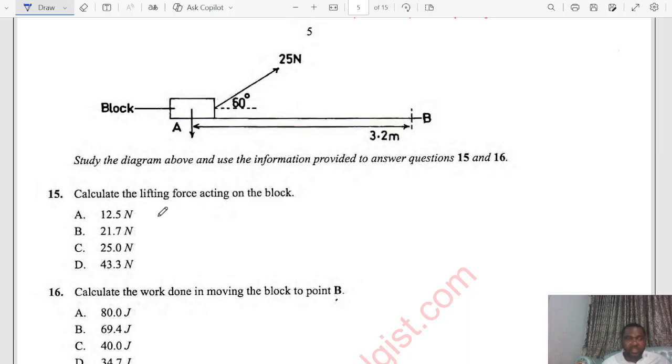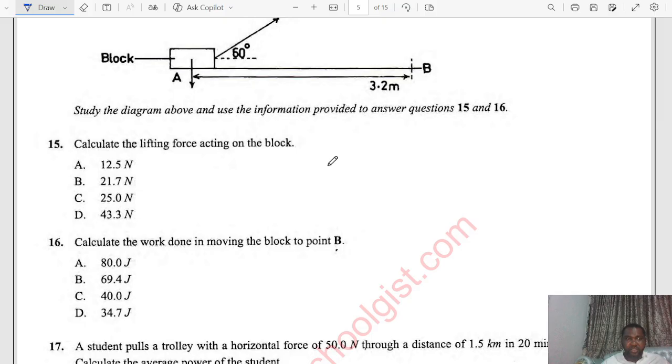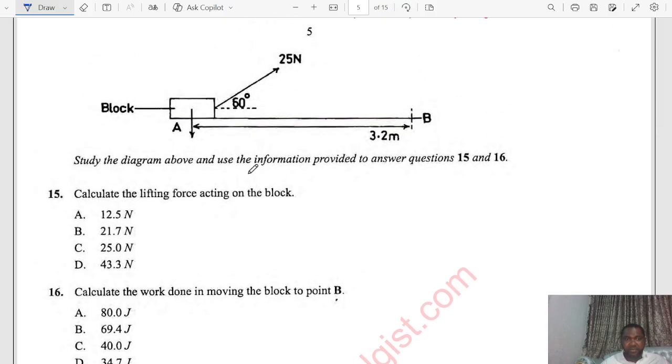Now look at this one here. It says calculate the lifting force acting on the block. The lifting force is the force that lifts this up. We are supposed to study the diagram above and use the information provided to answer questions 15 and 16. Now, first of all, this force is acting at an angle of 60 degrees.